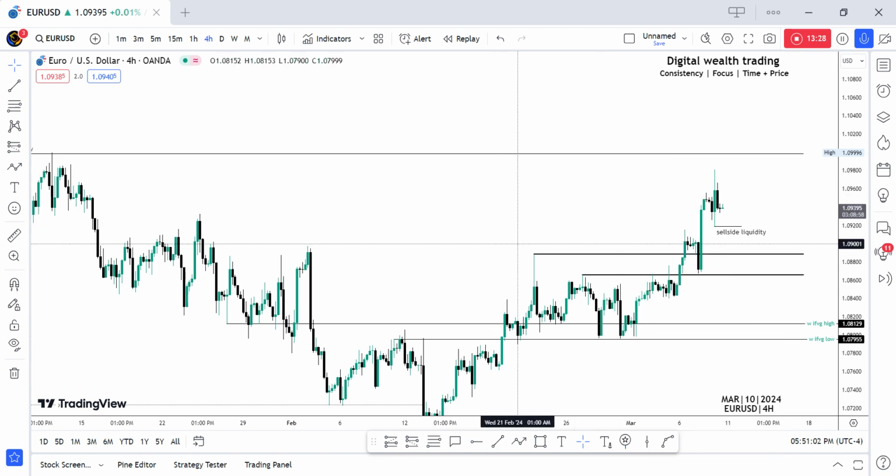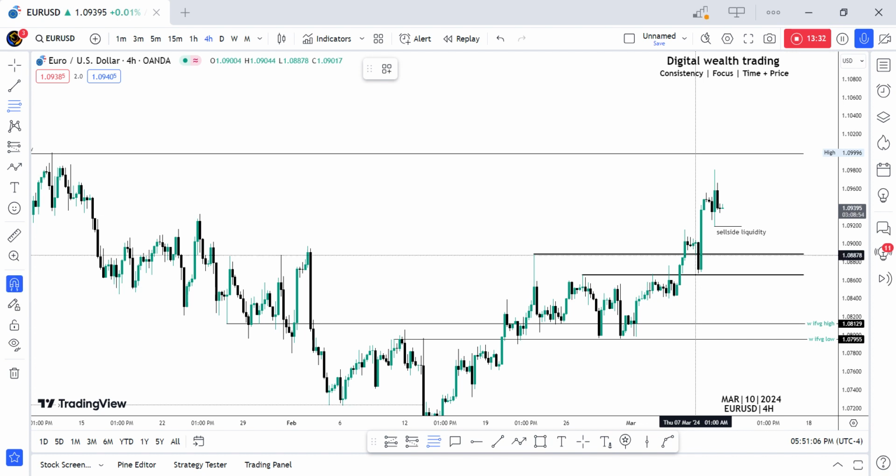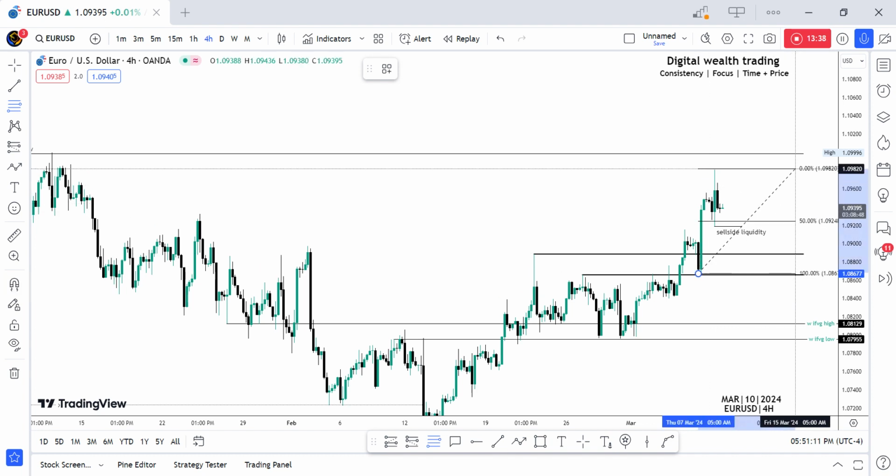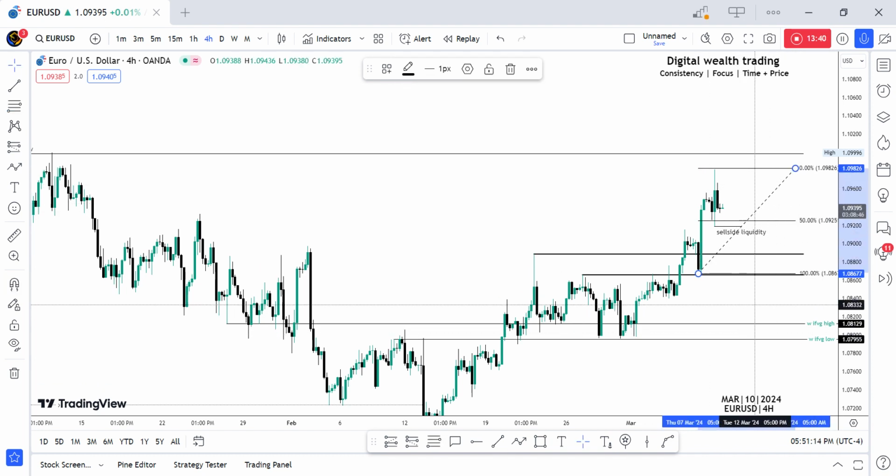Now on the 4 hourly contract, we can apply our fib at this level and this high, and mark out our discount and premium. So if we eventually get here, this is a bullish order block on the 4 hourly.